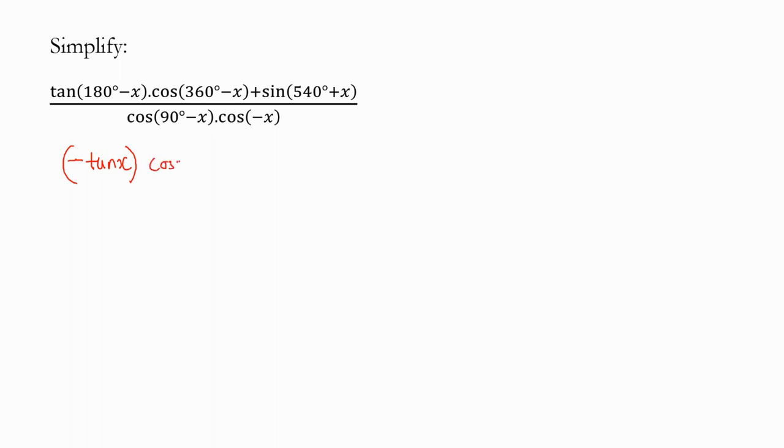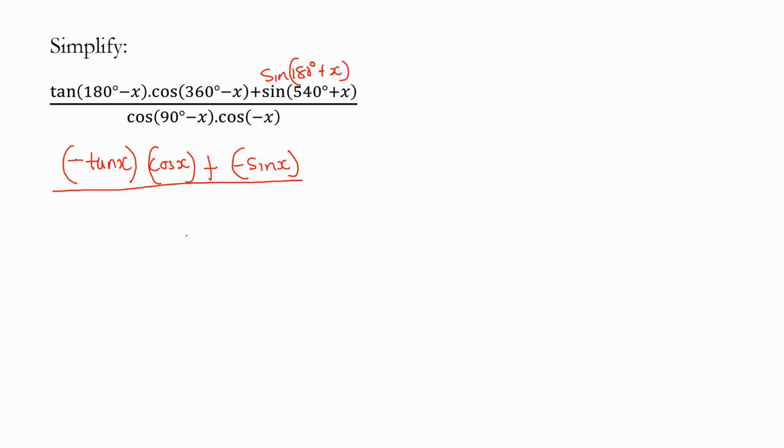So it's cos x. And then plus. And then we say this is equivalent to sine x. This is equivalent to sine 180 degrees plus x. So it means it is in the third quadrant. So it's going to be negative sine x. Okay. And then we're done with the numerator.